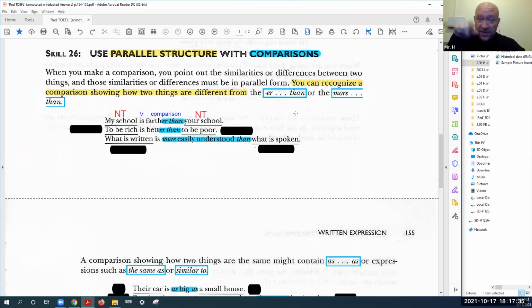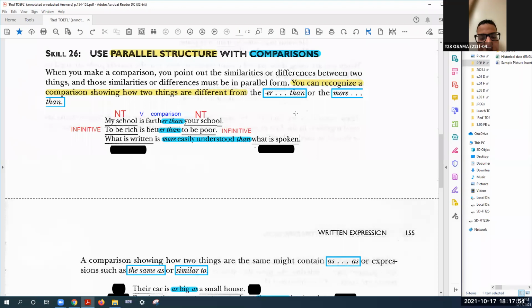Is better than. Now, on the left side, what is it? A phrase. An infinitive phrase. That's right. And the right, another infinitive. Good.